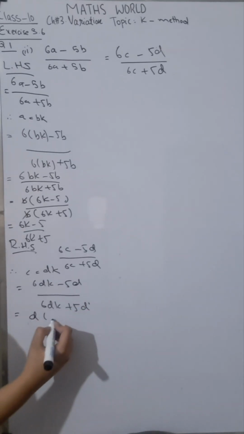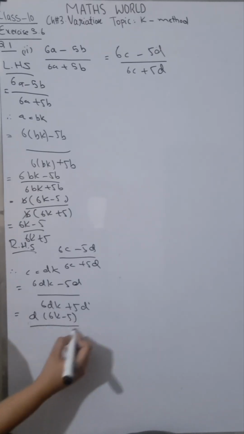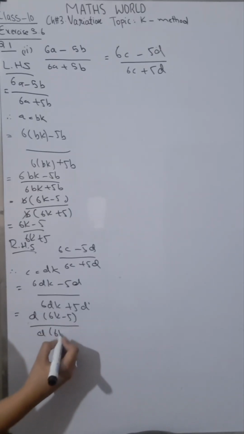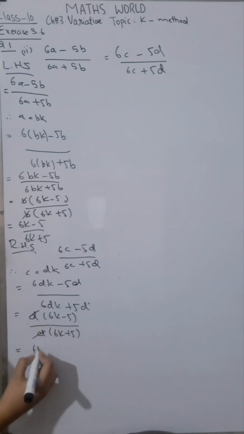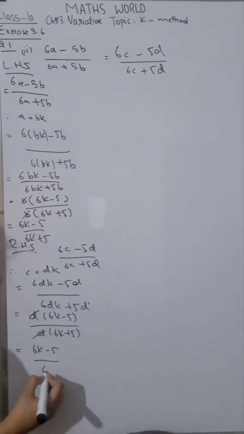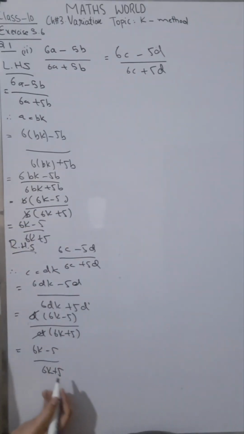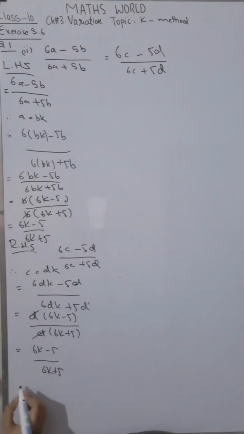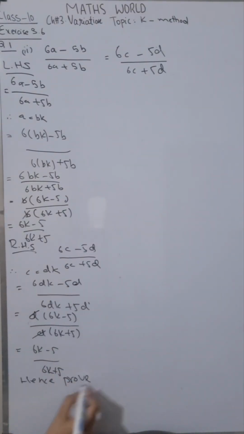D is common here, so the remainder is (6K minus 5) divided by (6K plus 5), and D cancels. So this is equal to the left hand side answer. You can write: hence proved, left hand side equals right hand side. This is the method to solve the question.